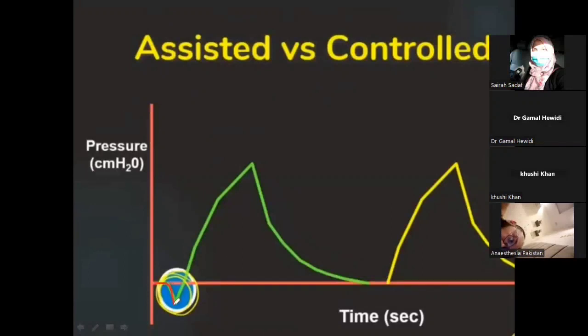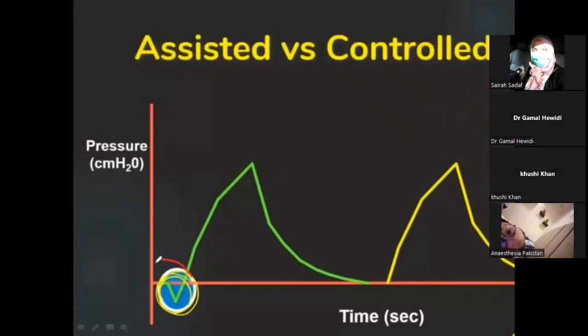The one with a negative dip and reaching to the top, going higher, it's the assisted ventilation pressure curve, while the one without any negative deflection, without anything crossing beyond 0, only going up and then going down, not crossing the baseline, is controlled mechanical ventilation, or ventilatory breath, or controlled breath, mechanical breath.